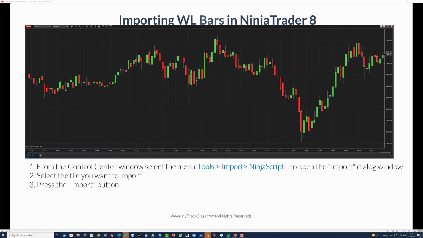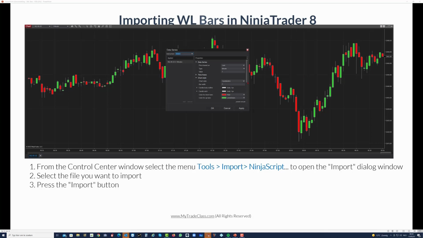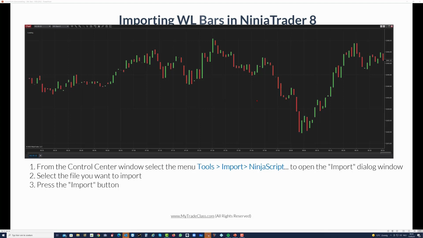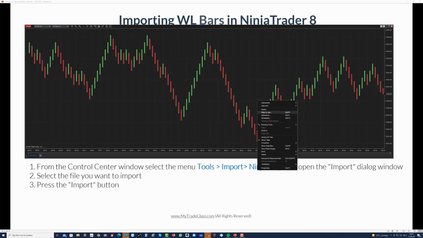Now you just right click, you go to data series, and I say, well, I want whale bars. And I say, well, it's now morning, I'm going to use 6 ticks. Apply. You can use this fast, slow, and you can, hold on, do this again. There it is.